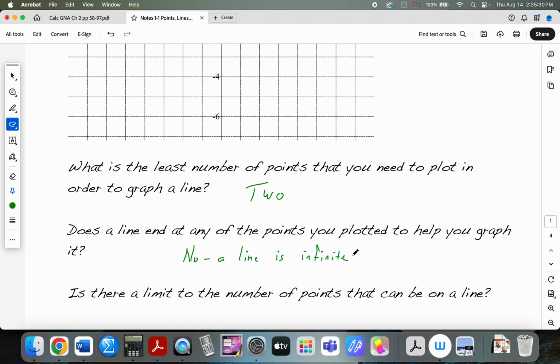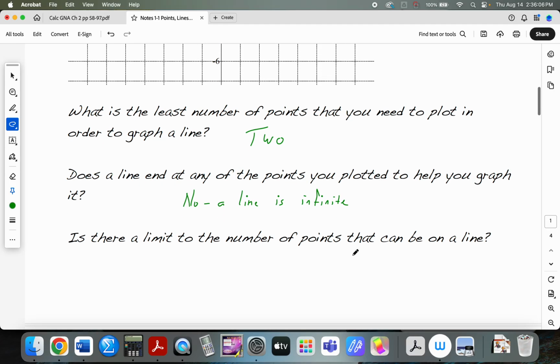I always find it funny that most students know the word infinite but don't know the word finite. Infinite is literally not finite, right? The number of chairs in this room is finite. The number of points on a line, it's infinite. There's a whole bunch of them, more than you could ever count.